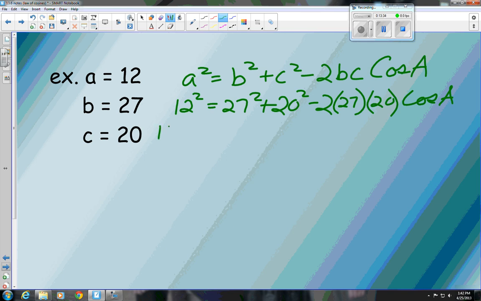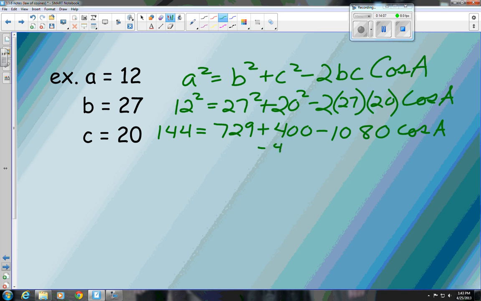I have 144 equals 729 plus 400 minus 1080 cosine of A. I'm going to leave that term on the right side.